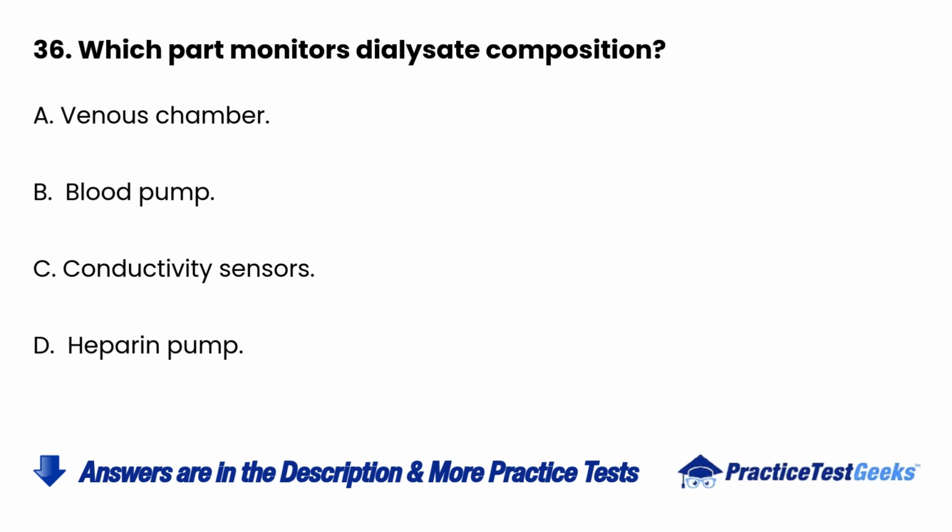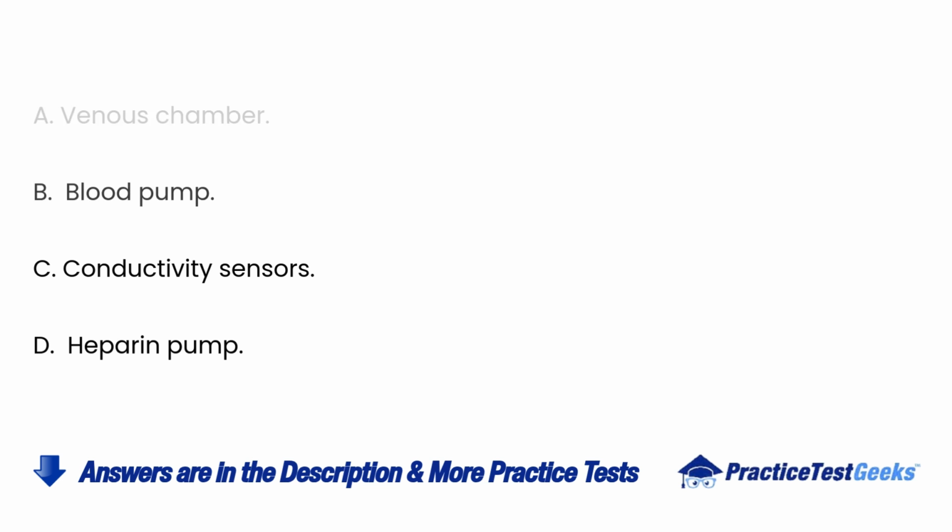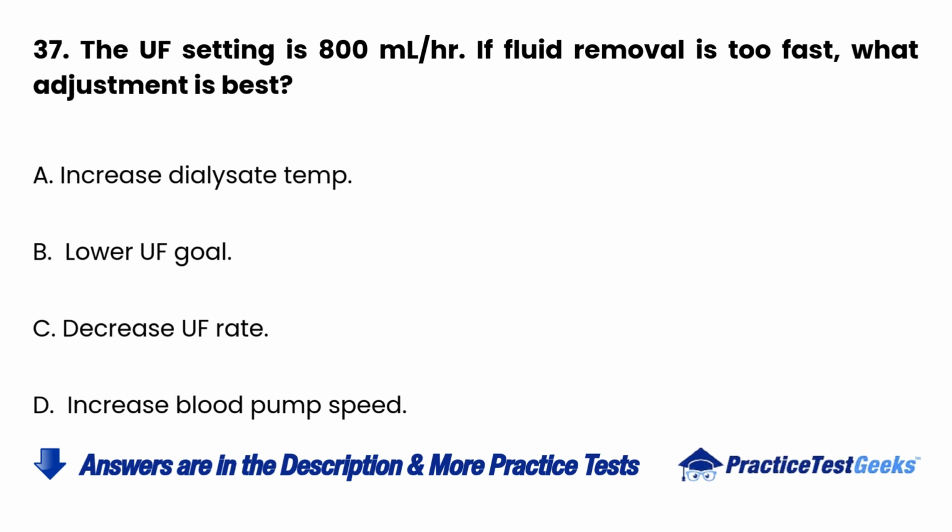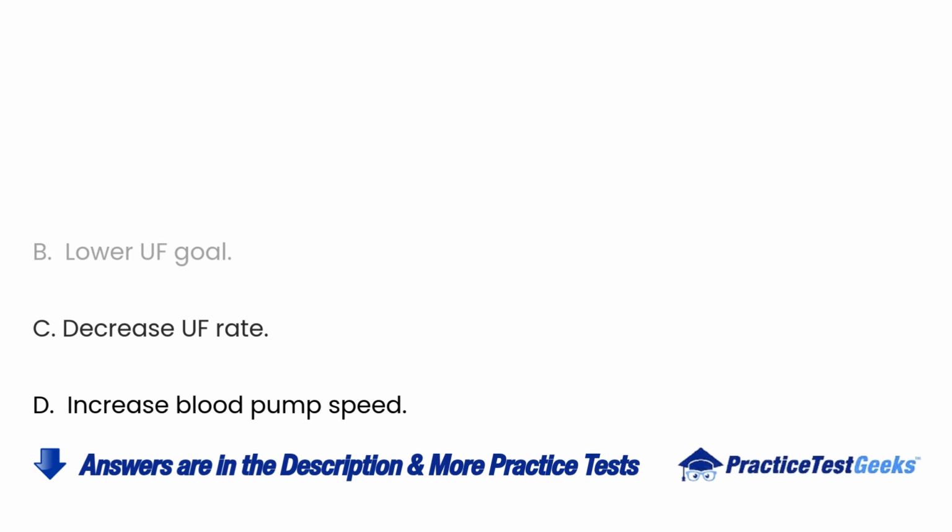C. Conductivity sensors. D. Heparin pump. 37. The UF setting is 800 mL/hr. If fluid removal is too fast, what adjustment is best? A. Increase dialysate temp. B. Lower UF goal. C. Decrease UF rate. D. Increase blood pump speed.